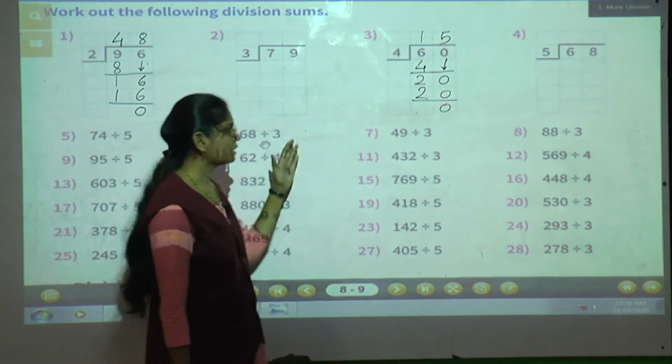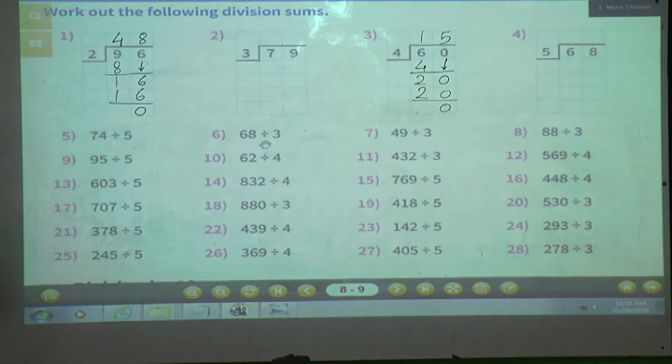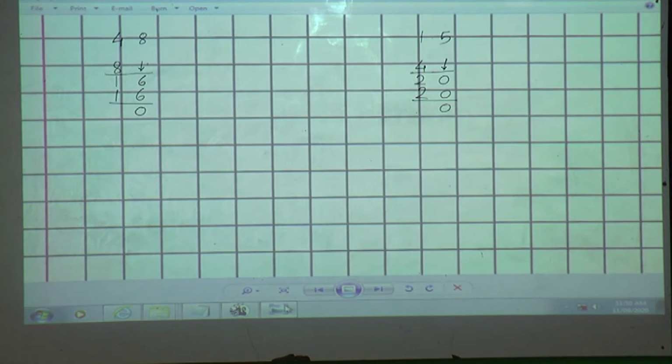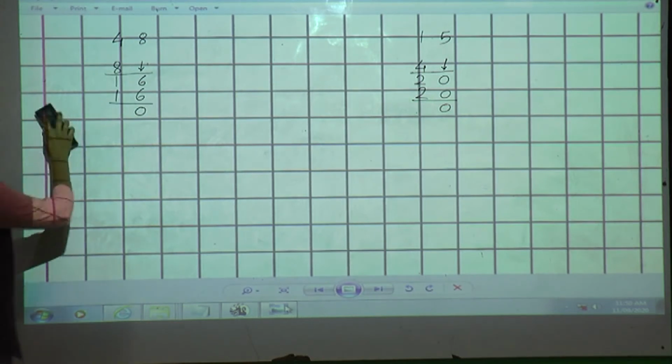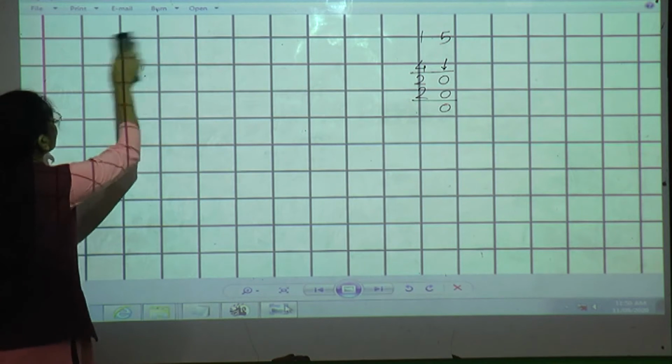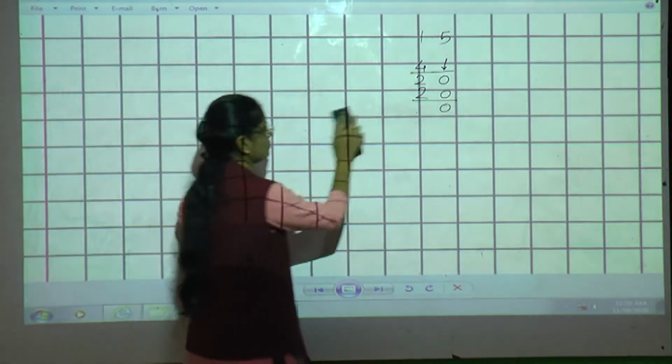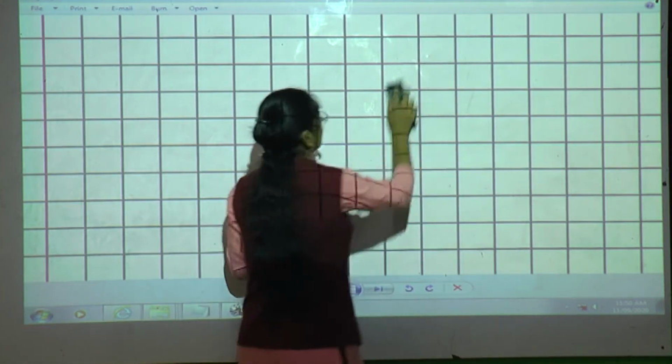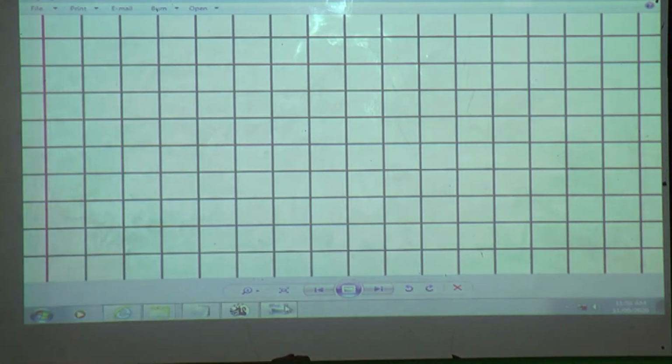Okay, now we will take the next example, that is fifth onwards. See the fifth one, 74 divided by 5. Here I will write fifth example. 74 divided by 5.